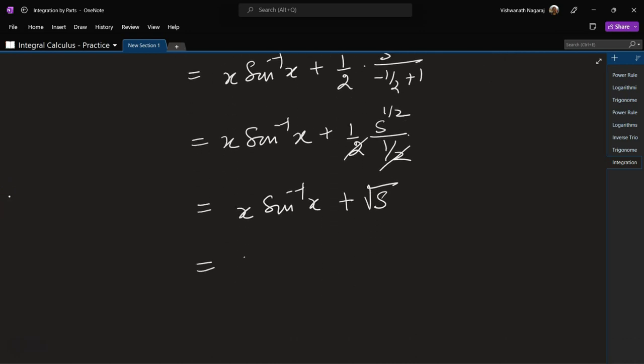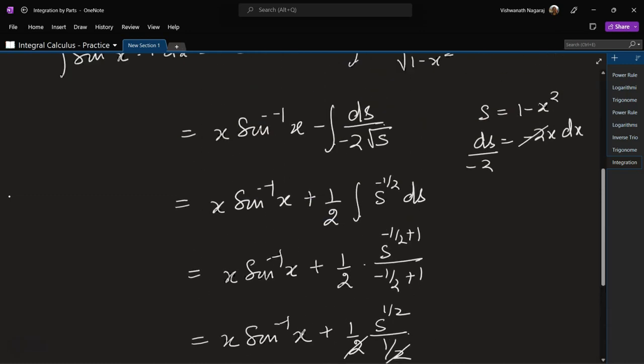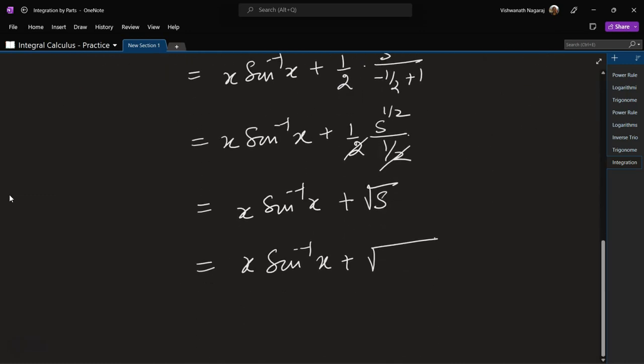Okay, now let's reverse substitute: x sine inverse of x plus square root of, what is s? s is 1 minus x square, and plus c, the constant of integration.